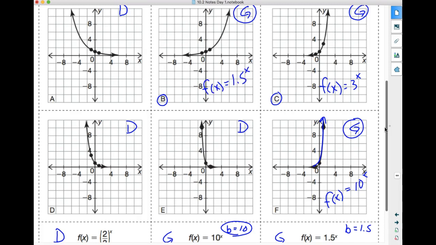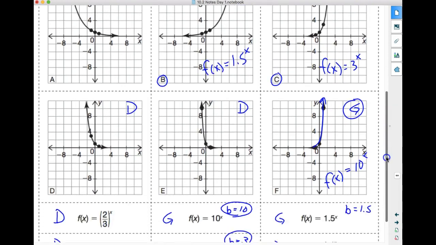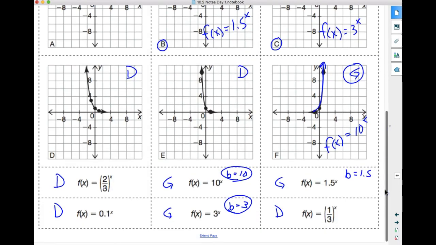Okay, so all I have are my three decay functions now, and I've got to see my b value. Here, b is 2/3. Here, b is 0.1, which is actually equal to 1/10, right? Think of a fraction. And my other decay is b equals 1/3. So the one that is the smallest is going to decay the fastest.